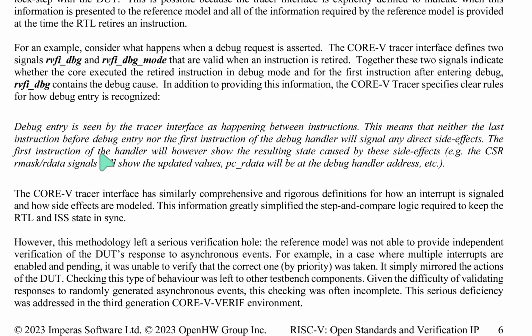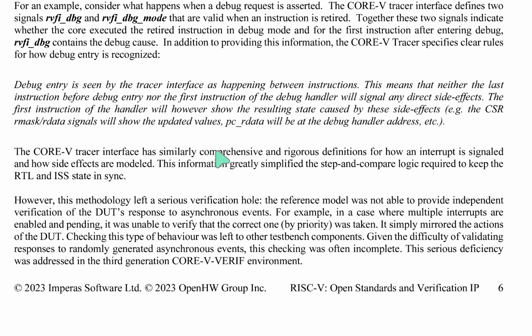The first instruction of a handler will, however, show the resulting state caused by these side effects. For example, the CSR, rmask, and rdata signals will show the updated values, PC_rdata will be a debug handler address, and so on.